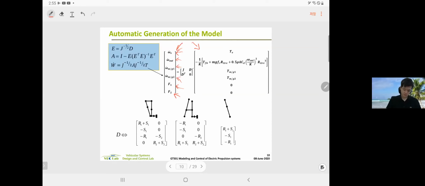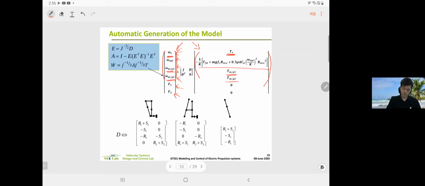If you look at this state vector and this torque vector, the input vector, there is a clear relationship between these two. So you need to put engine torque for the engine speed, and motor mg1 for mg1 speed, mg2 for mg2 speed.